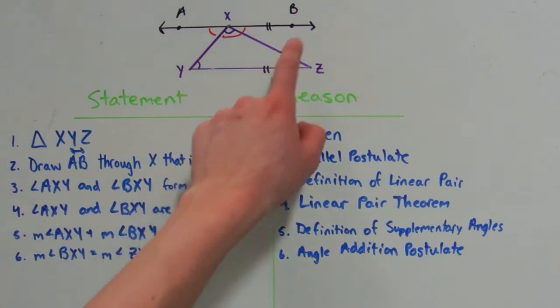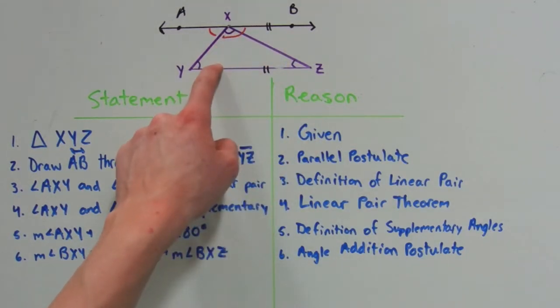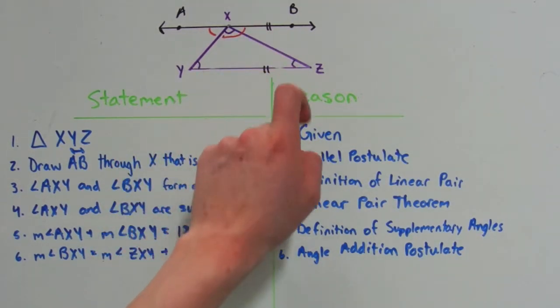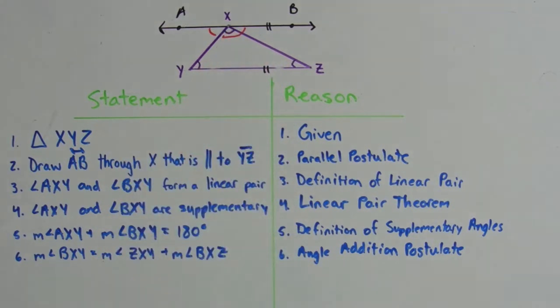So we have that angle BXY is equivalent to angle BXZ plus angle ZXY. And that's by the angle addition postulate.